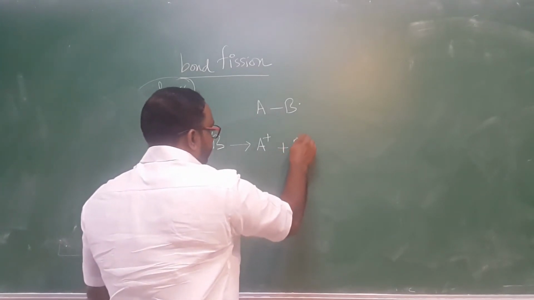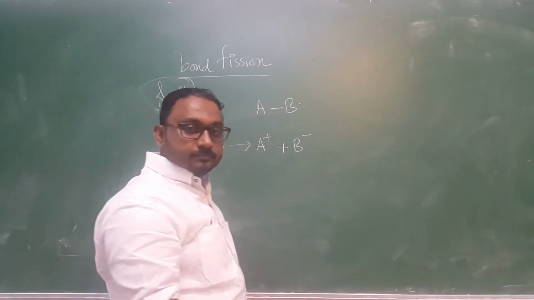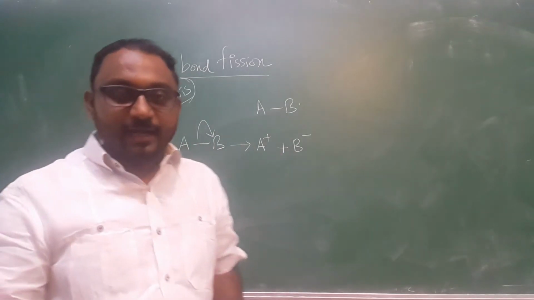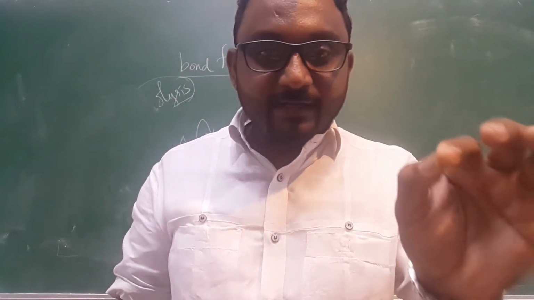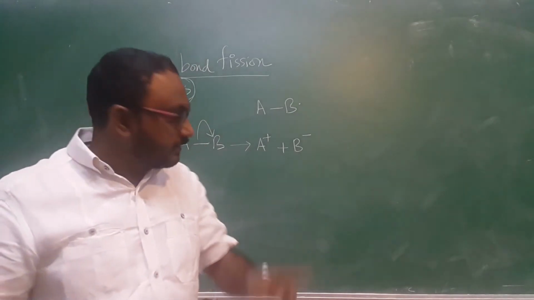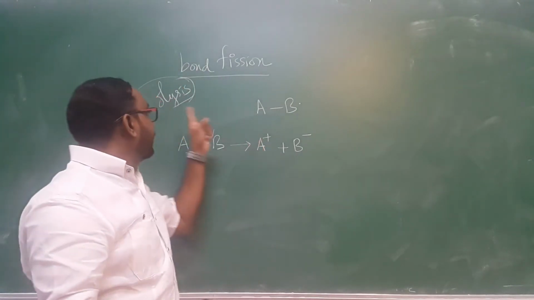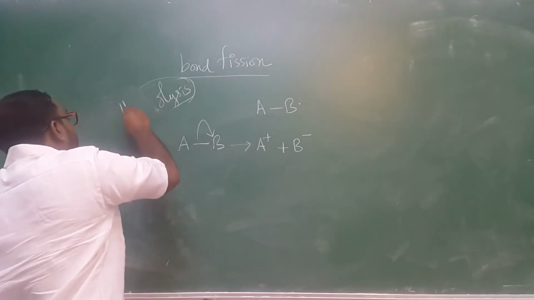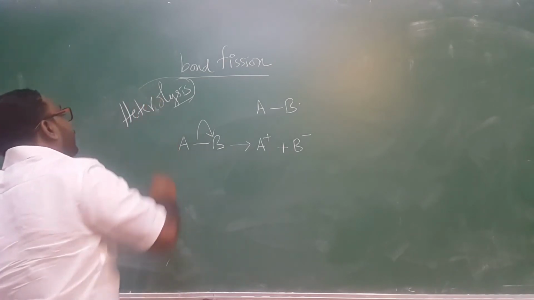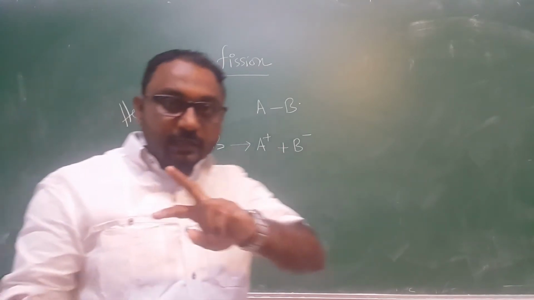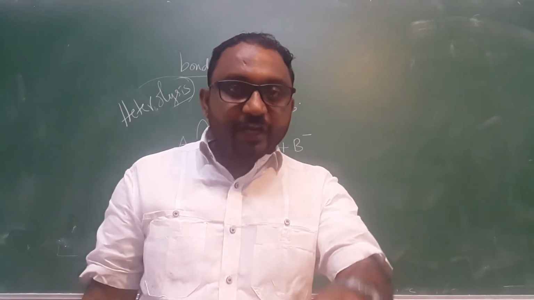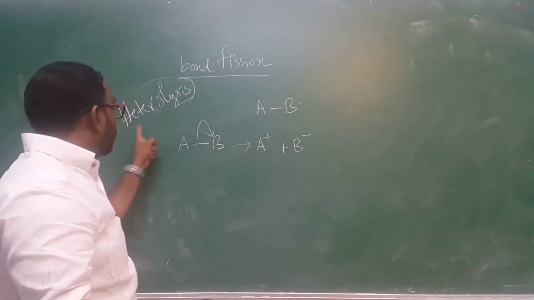So its charge will be A plus, B minus. I was asking a question: how are nucleophiles and electrophiles generated? This is how they are generated, and this fission is called heterolysis, unequal distribution of the shared pair of electrons.